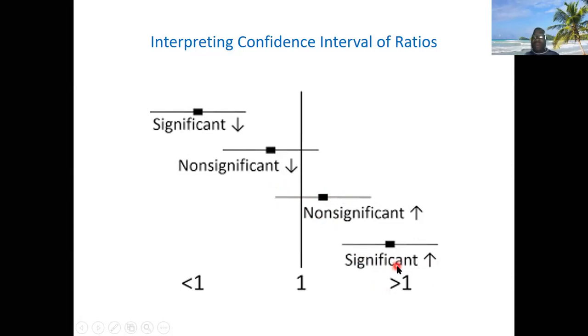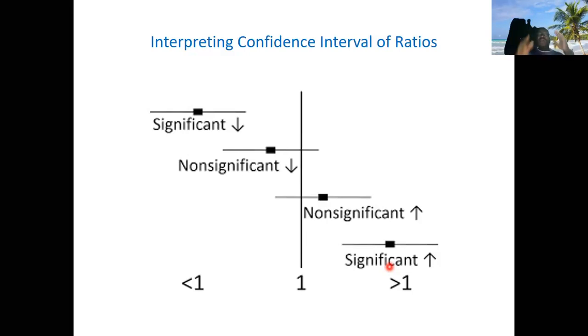So what this last one means is that yes, it's significant, and the exposure is causing the disease because the odds ratio or relative risk is greater than 1. Because it's the exposed that is the numerator, for it to be greater than 1 shows that the risk is higher in the numerator. That is the explanation for that.